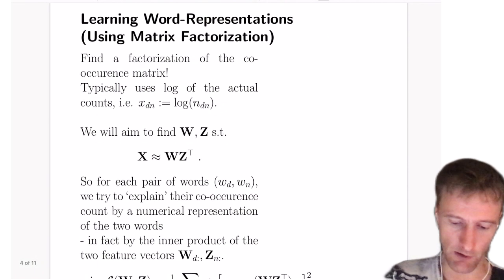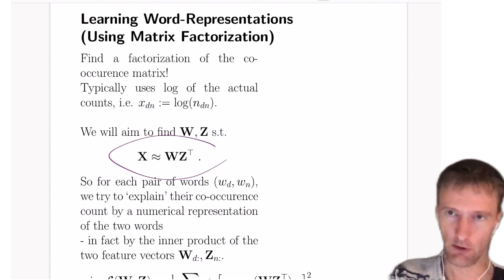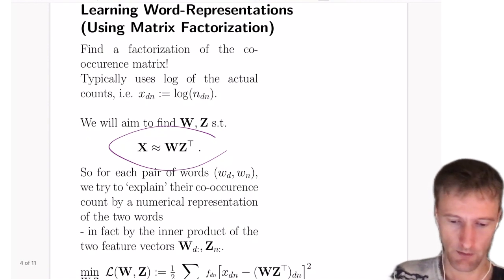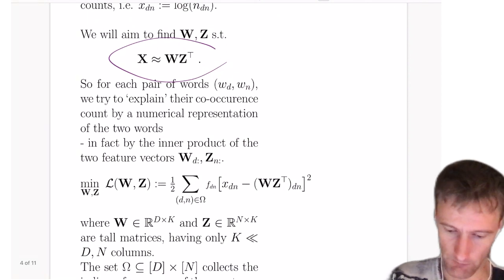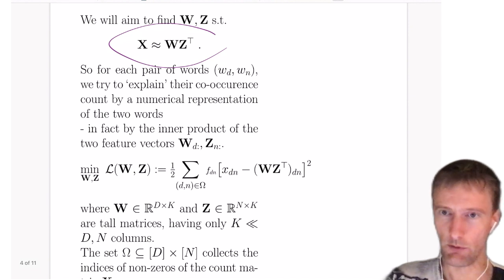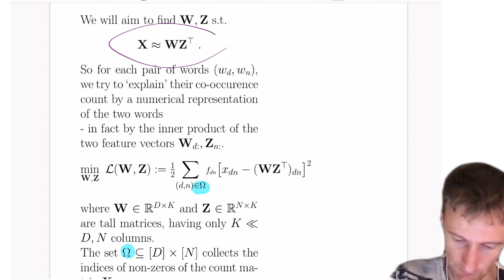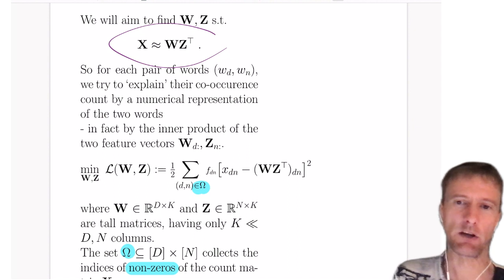So how do we do that? We need a loss function. We already explained how we're going to factorize it, and the loss function is really standard. It's written here. You again have this set omega, which is the set of the non-zero counts, the words which have really appeared together.